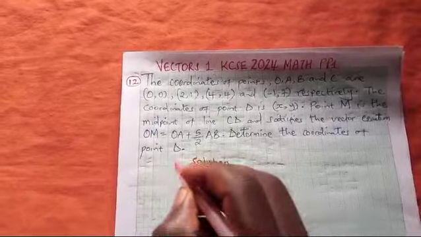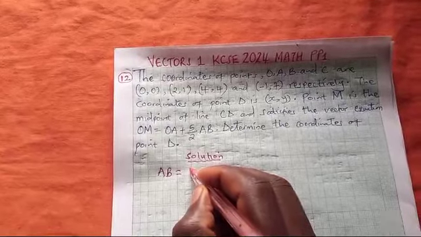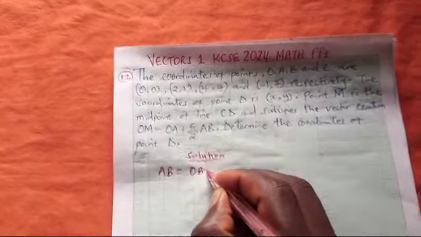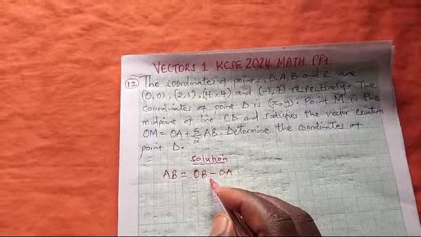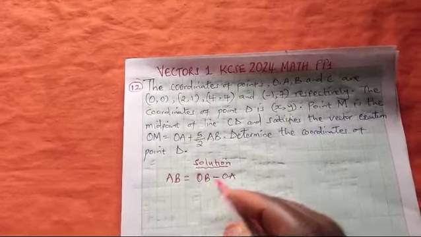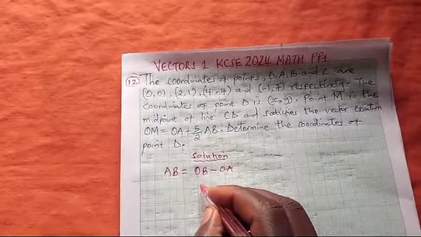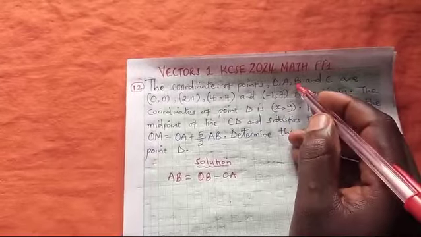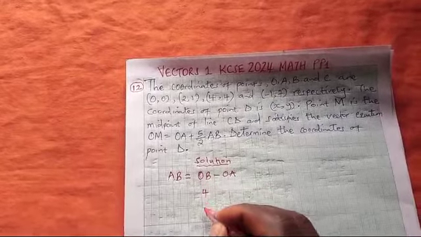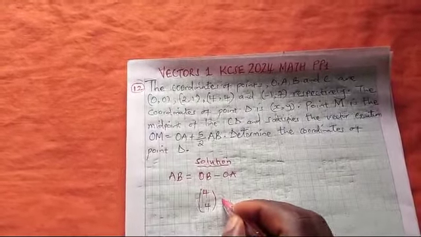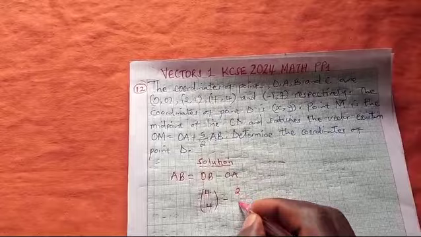First thing that we have to do is work out vector AB. Vector AB is the same as saying OB minus OA. We have been given the coordinates, and we are going to express them as column vectors. B is (4, 4) and A is (2, 1).